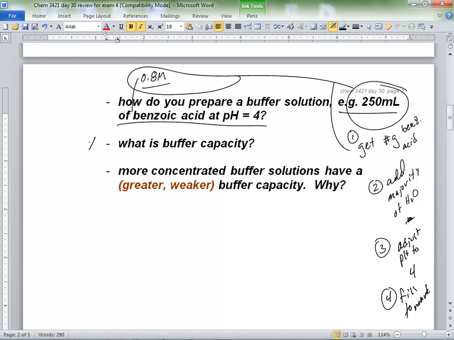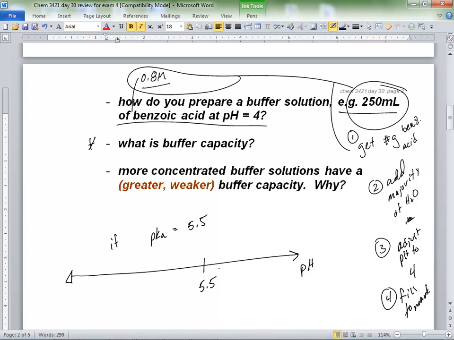What is buffer capacity? The range. If the pKa is 5.5, let's say this is my pH scale. What is that range? How far can I go in each direction before my buffer is not really working anymore?